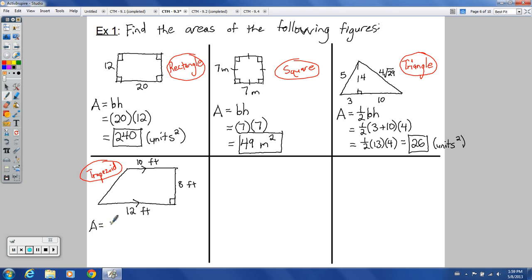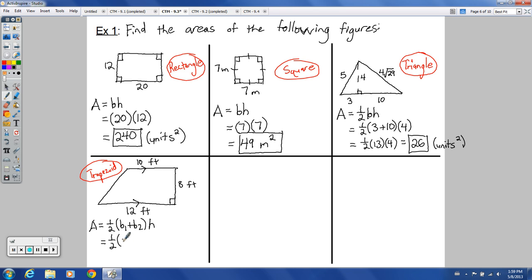So we know the area is the average of the bases times the height. So if I plug those things in, I've got one of my bases. It doesn't matter which one I pick first because the commutative property of addition says I can flip-flop the order. It doesn't matter.